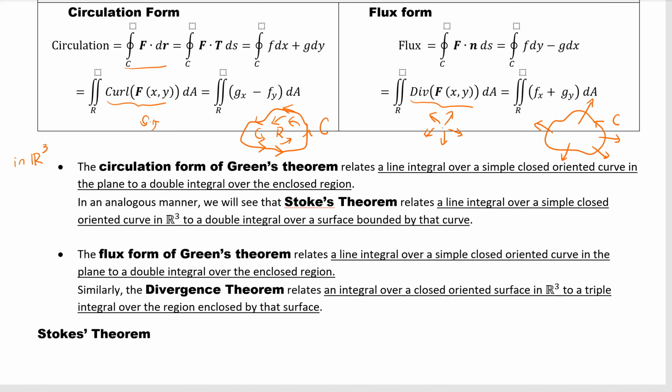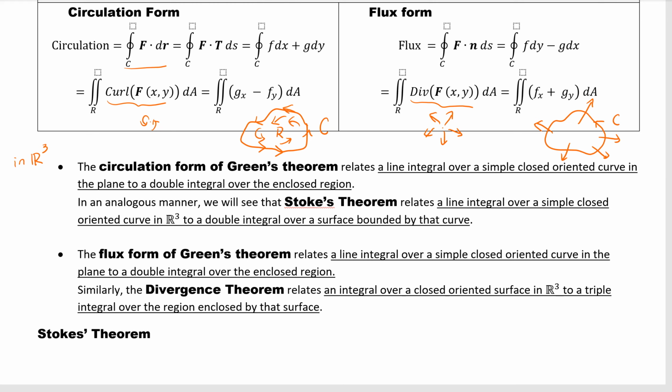Okay, the flux form of Green's theorem relates a line integral over a simple closed oriented curve in the plane to a double integral over the enclosed region. Similarly, the divergence theorem relates an integral over a closed oriented surface in R3.